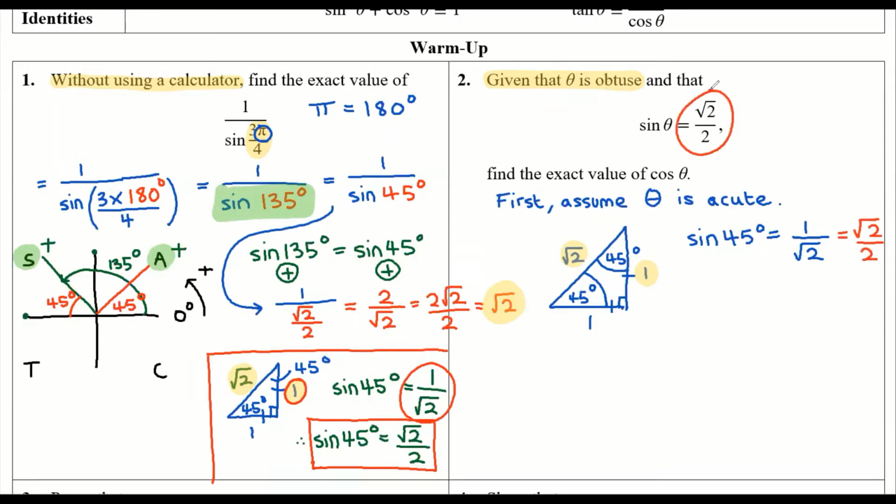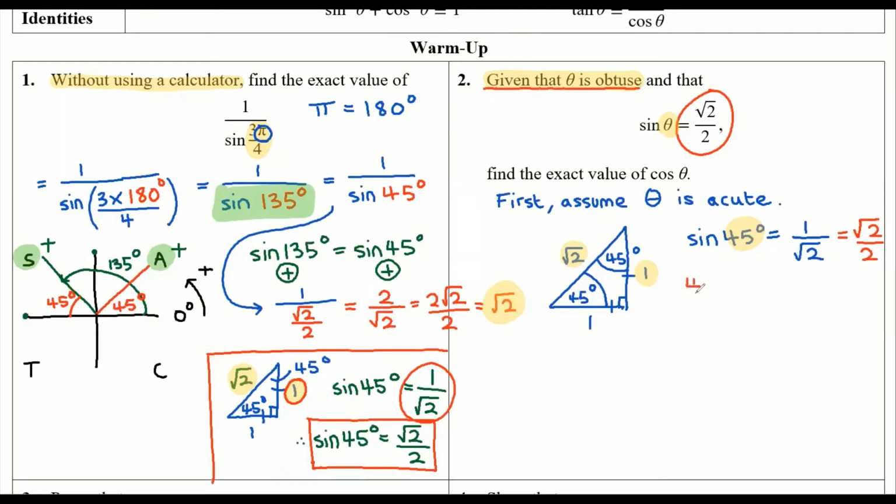Now that means that my angle, it looks like it's 45 degrees, doesn't it? So I've got the theta there, so surely my 45 degrees is correct. But we'd be wrong, wouldn't we? Because if we assumed it was 45 degrees, we would get the wrong answer because we are told that theta is an obtuse angle.